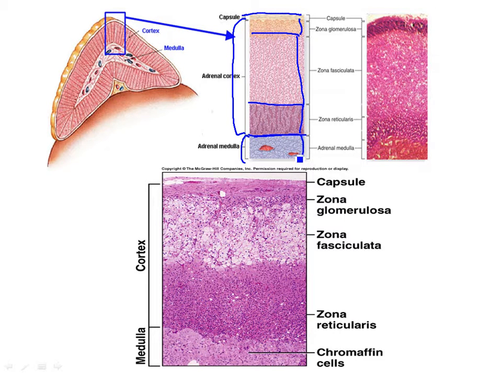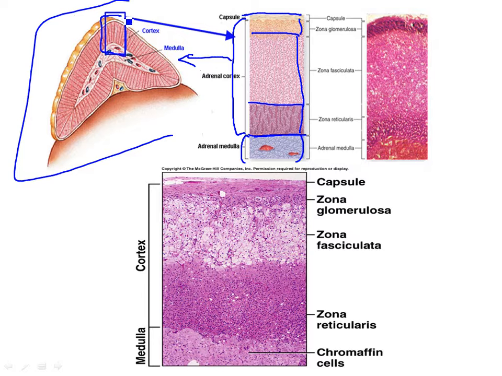Now, remember, if you're looking at the big picture, let's go back over here to the adrenal gland itself. What we're looking at is this upper layer of these three zones, and here, of course, the medulla in the middle. If you continue through the adrenal gland, you're going to have these same three zones here as well, okay?